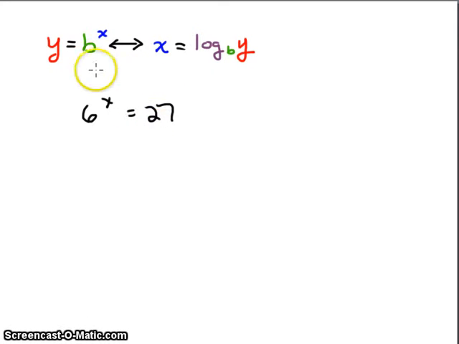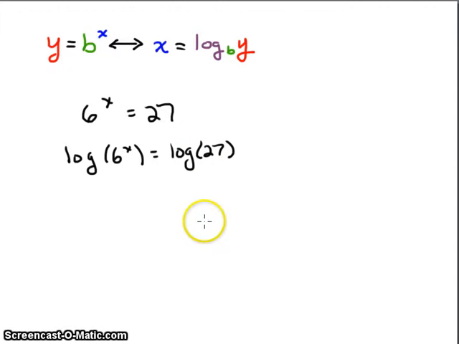Well, again, I'm going to use this inverse relationship and take the logarithm of both sides. Okay, and in doing this, I'm going to recognize that this is the exponent property of logarithms, which says that I can rewrite this by taking the x out front and just leaving this on the inside.